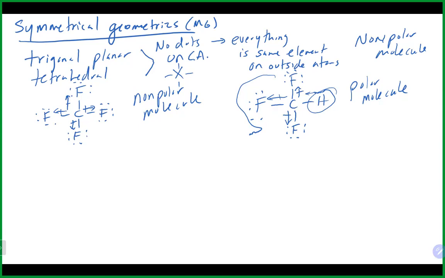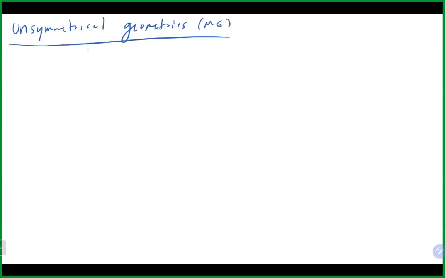That also leaves us some geometries which are considered unsymmetrical. If we look at those, which are what you guys have left, you have angular, trigonal pyramid, and bent or V-shaped.